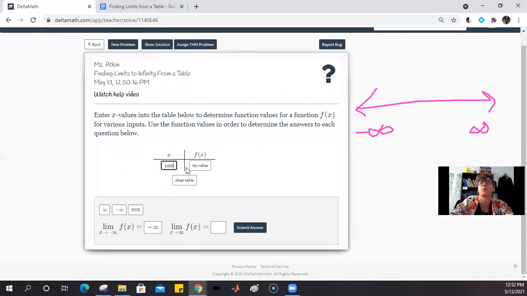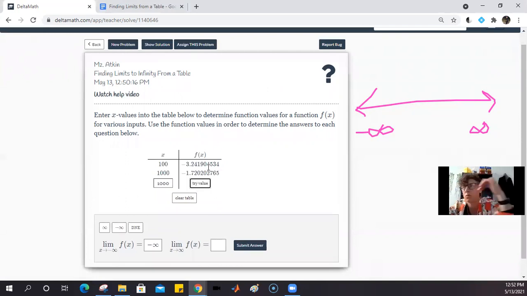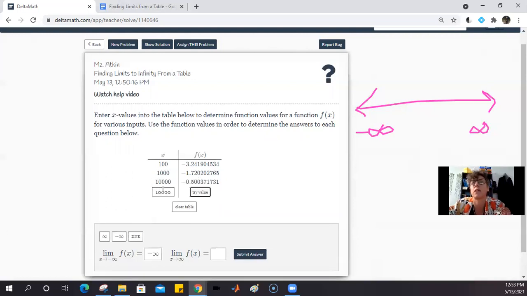Maybe I'll try not quite so crazy of numbers this time. If I plug in 100, I'm getting negative 3.2. How about 1,000? Again, we're trying to go to positive infinity, so we want bigger positive numbers. Okay, negative 1.7. How about 10,000? Now we're at negative 0.5.